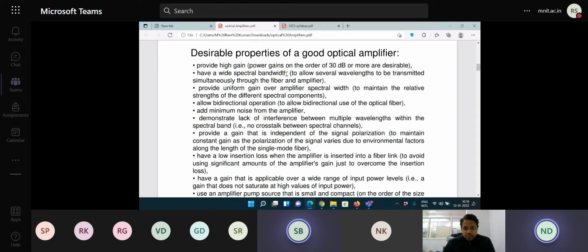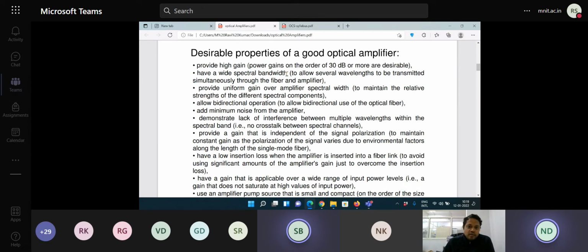It should provide uniform gain over the amplifier spectral width. Uniform gain refers to this: if I am transmitting information over 1300 nanometers, and I'm also transmitting information over say 1350 nanometers, two different wavelengths.